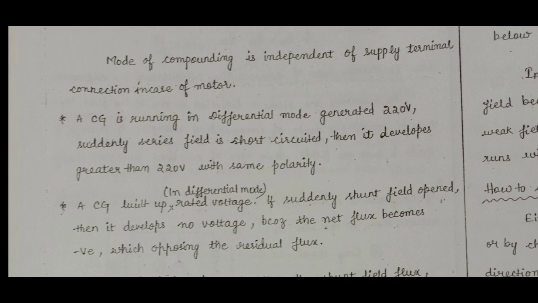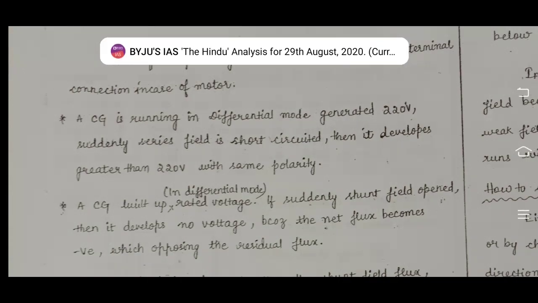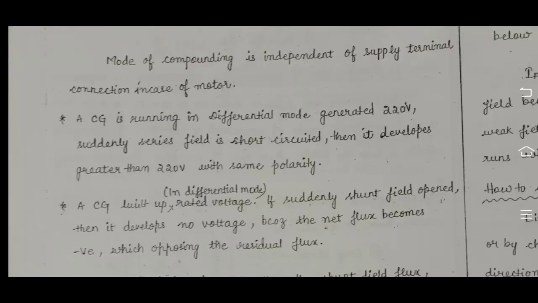minus phi sc. See carefully, in a differential mode, phi net equal to phi sh minus phi sc. Here phi sc is short circuited, so the phi sc value is 0.